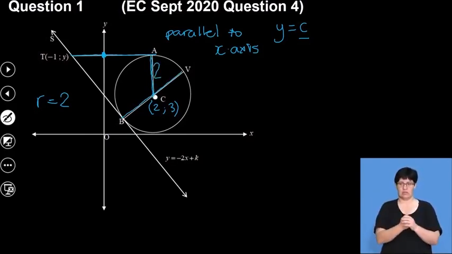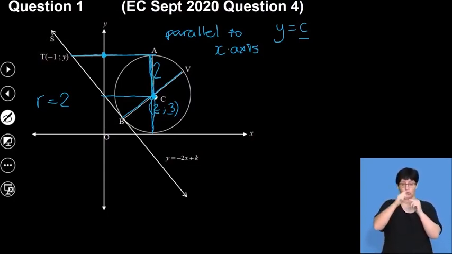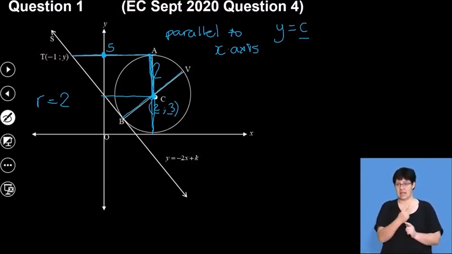So we are 3 units up when we get to point C, because we have the y coordinate of 3. And now we go another 2 units up from that, so we're going to be at 5. So therefore, this line cuts the y-axis at 5 units, and we can therefore say that the equation of the line for TA is y equals 5.